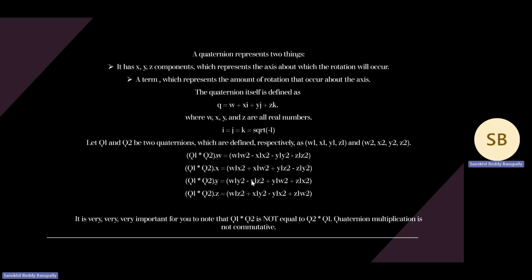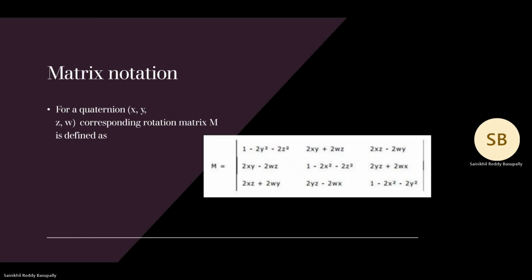The important thing to note here is that Q1 cross Q2 is not equal to Q2 cross Q1, as quaternion multiplication is not commutative. In mathematical notation, we can represent a quaternion x, y, z, w as the matrix M given here.